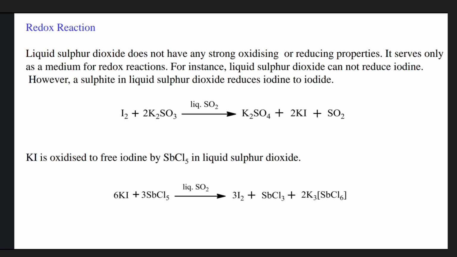Like iodine plus potassium sulfite in liquid sulfur dioxide gives out potassium sulfate plus potassium iodide plus sulfur dioxide. KI is oxidized to free iodine by SbCl5, antimony pentachloride, in liquid sulfur dioxide.